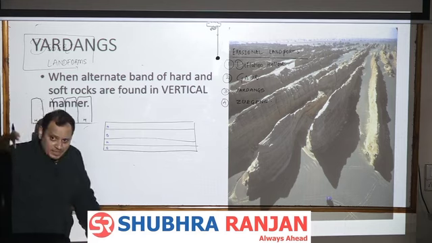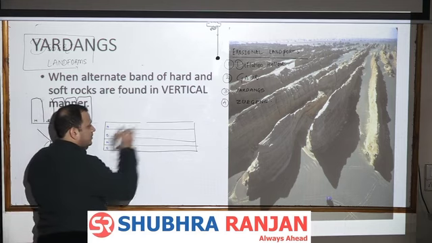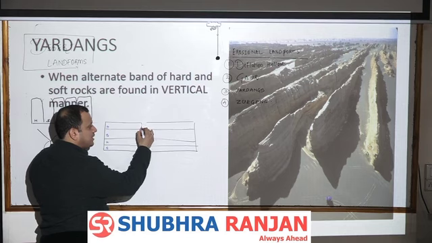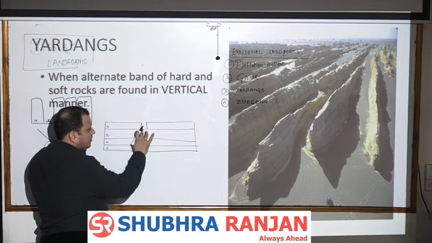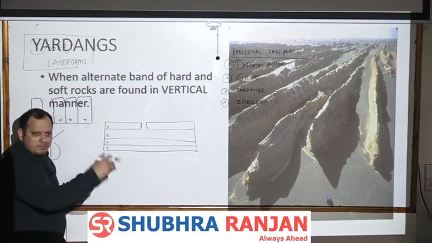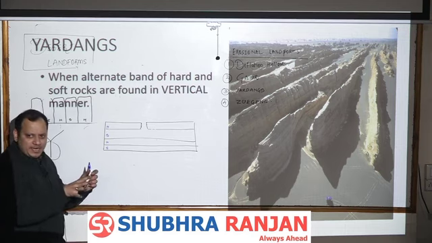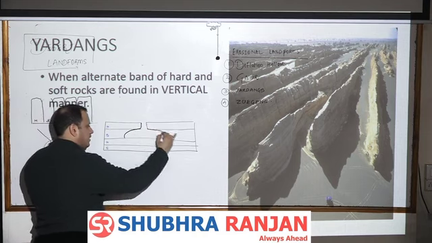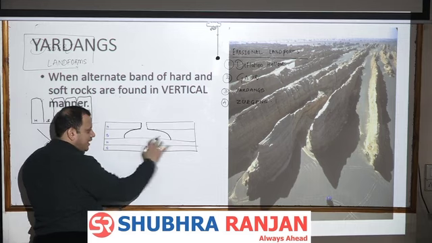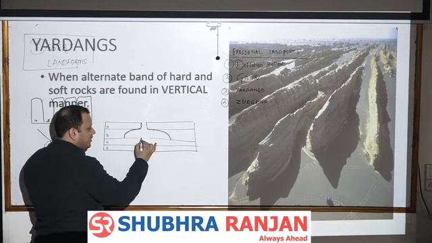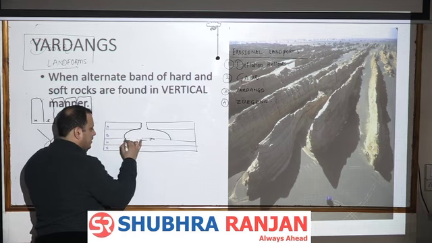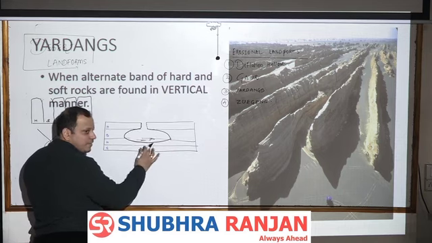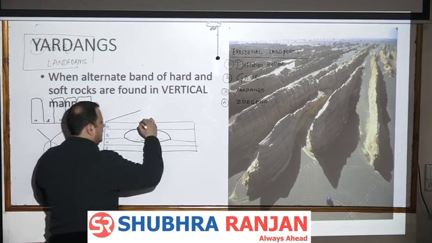Now suppose continuous wind action से the upper part of the rock is eroded, but ये hard rock is less resistant to erosion. ये कम इरोड होगा, फाइन। बट जैसे ही सॉफ्ट रॉक एक्सपोज हुआ, इरोड भी होगा, वेदर भी होगा, बहुत सारे प्रोसेसेस एक साथ चलेंगे। ऐसे नहीं the wind is only acting, रात को there is weathering also going on, alternate changes of temperature. जैसे ही सॉफ्ट रॉक is eroded, will the soft rock be eroded much greater, so ये ज्यादा इरोड होगा, फाइन। Again hard rock exposed, हार्ड रॉक कम इरोड होगा, somewhat like this, या maybe somewhat like this, fine. Again, this is a three-dimensional landscape like this.